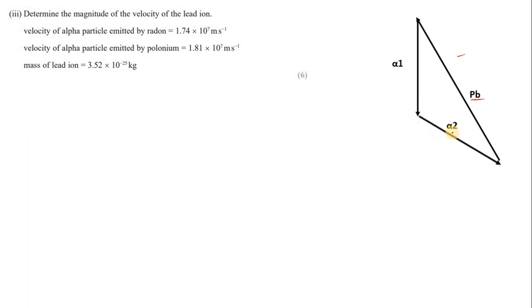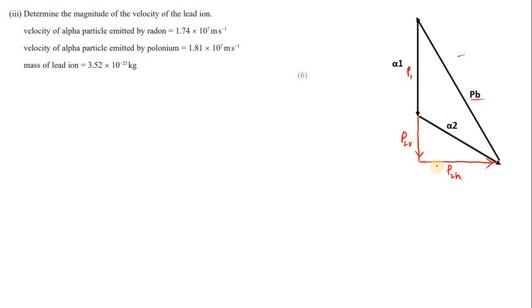So resolve the momentum of alpha 2 into its components: a vertical component downward, and a horizontal component. Let's call the momentum of alpha 1 P1, and the momentum of alpha 2 P2, with components P2V and P2H.